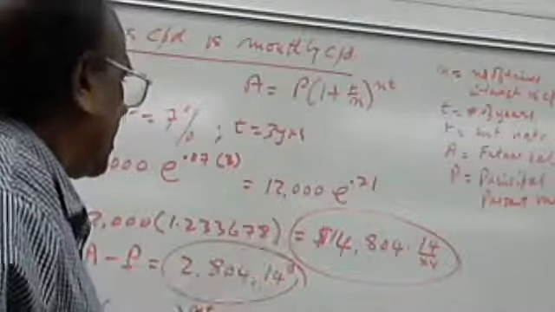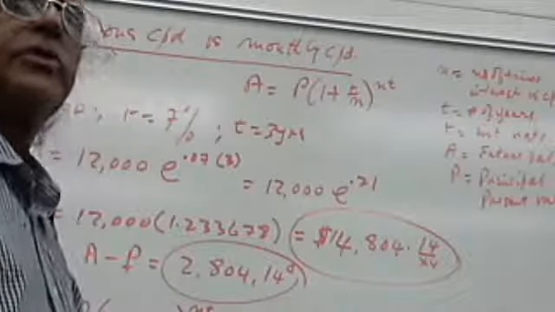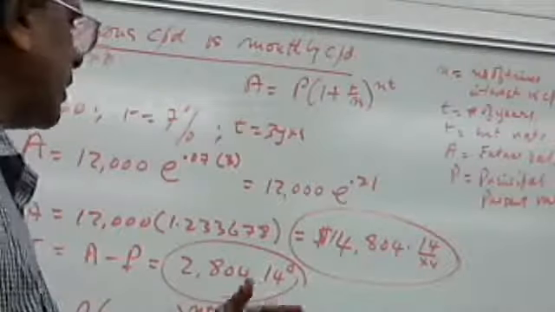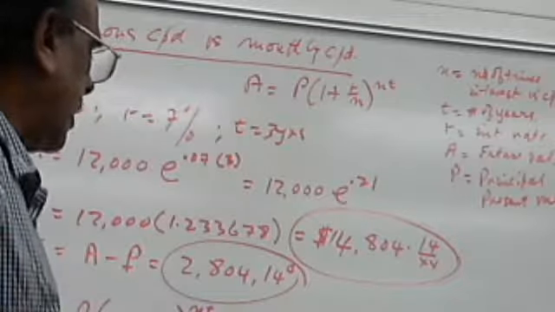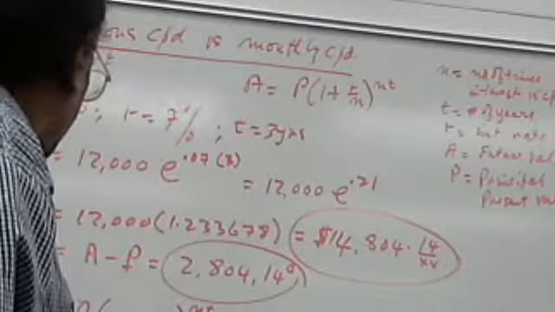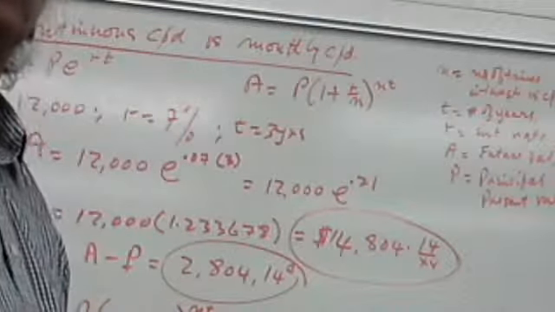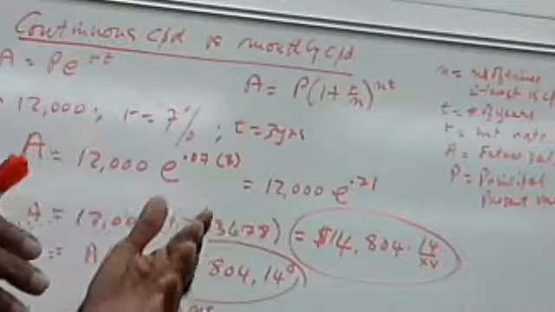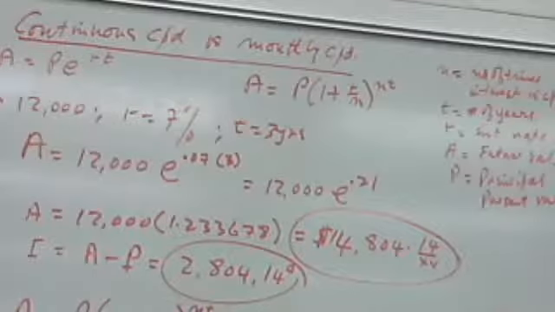So you can see then that continuous compounding yields a higher future value than our monthly compounding. That should give you an idea of what type of investment you should make with your money.